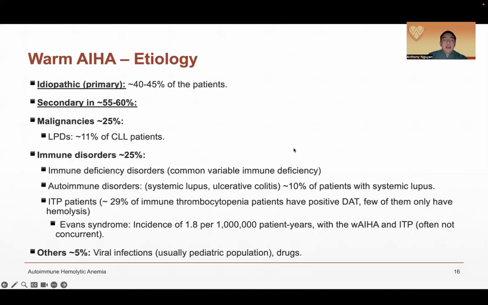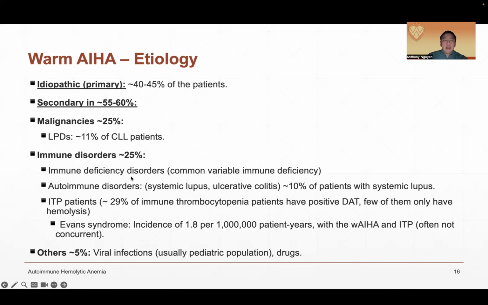So the etiology of warm AIHA: 40 to 50% of the patients will be idiopathic. Secondary causes are in 55 to 60%. Malignancies, including lymphoproliferative disorders, will be in 25%, and most of that will be in chronic lymphocytic leukemia patients.